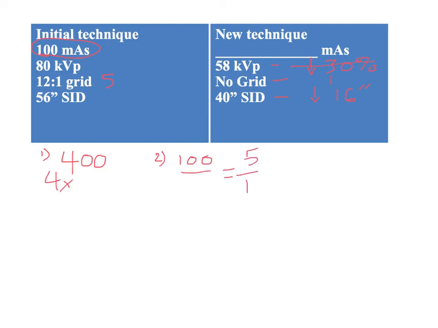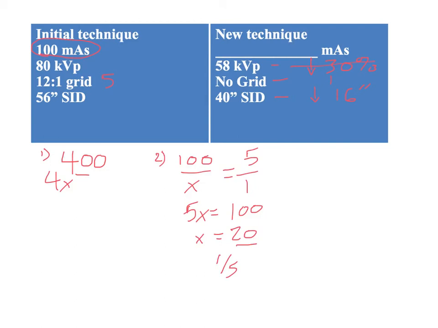The new grid factor is 1x, so 5x equals 100, right? So x equals what? 20. Yep. So this is saying the change in kVp is going to increase the mass. This is saying the change in the grid needs to decrease the mass, right? And that would be by a fifth.